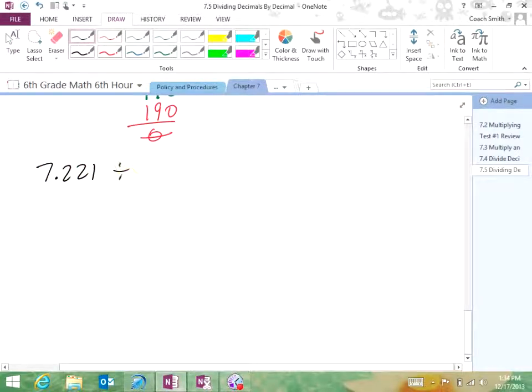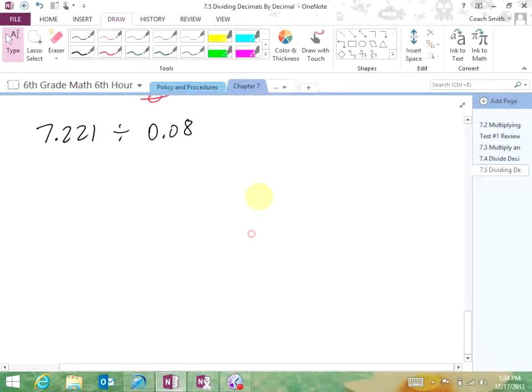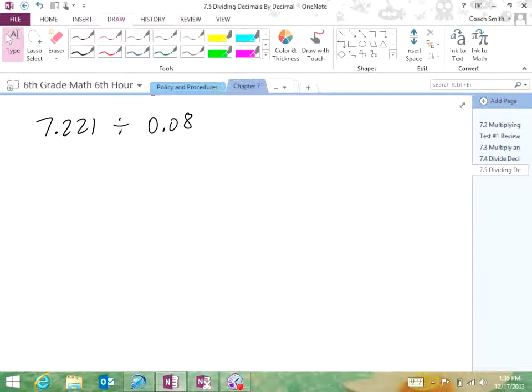7.221 divided by 0.08. So if we write that in bracket form, that's 0.08 into 7.221.